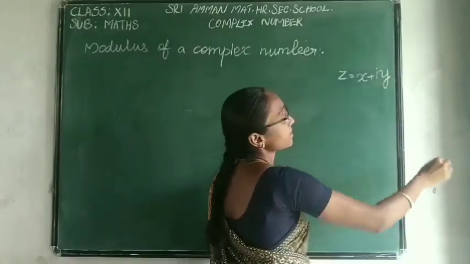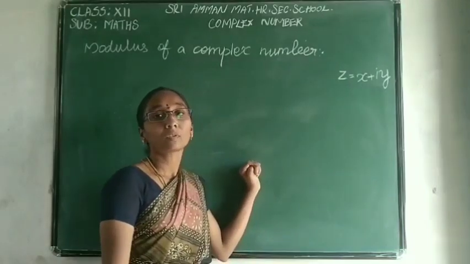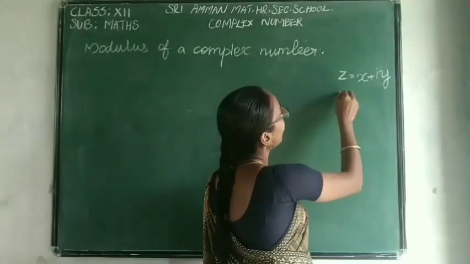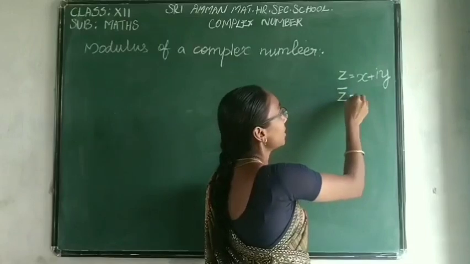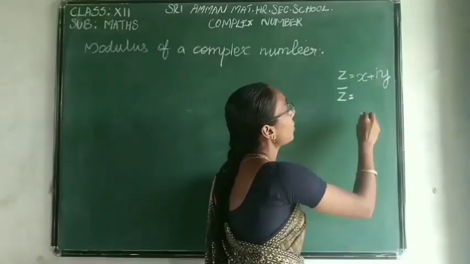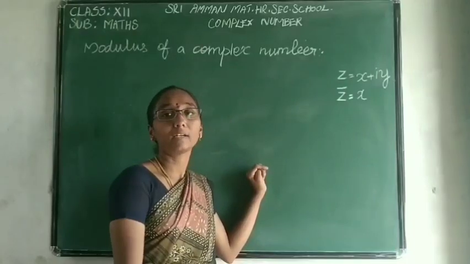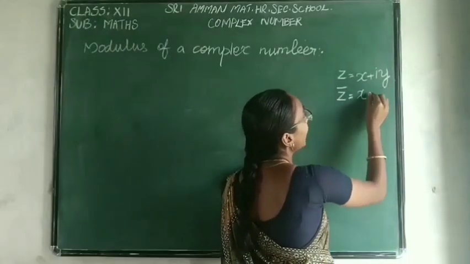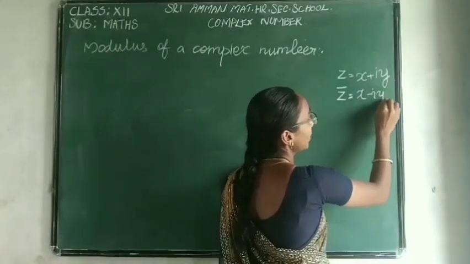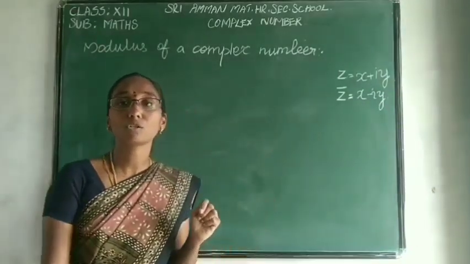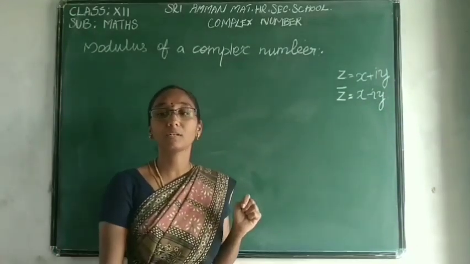This is the complex number. The conjugate is denoted by z bar. It is written by simply changing the sign of i, so x minus iy. This is the conjugate of the complex number.